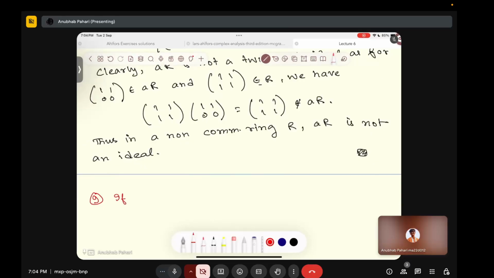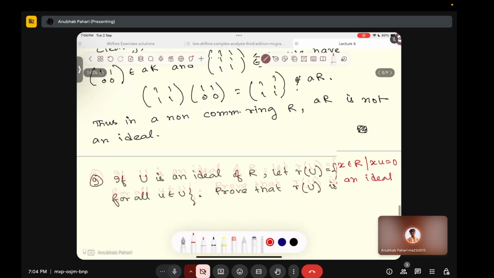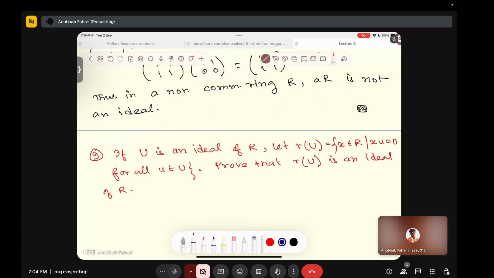If U is an ideal of R, let r(U) equal the set of x belonging to R such that xu equals 0 for all small u belonging to capital U. Prove that r(U) is an ideal of R. So let us solve this.